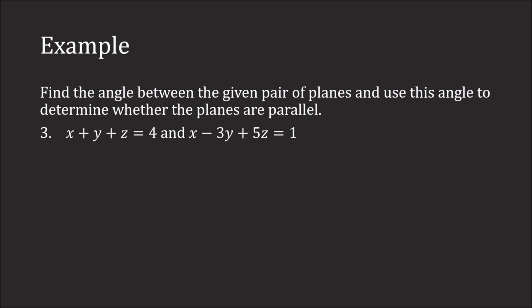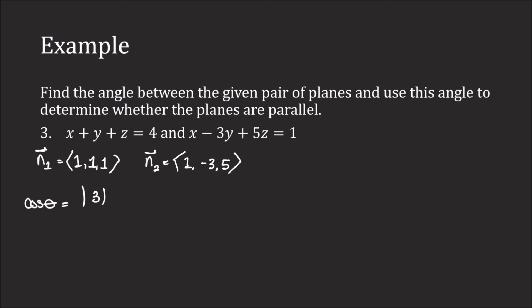And finally, what about these two planes? Again, the first normal vector is 1, 1, 1. The second normal vector is 1, negative 3, 5. So cosine theta would be the absolute value of 1 minus 3 plus 5 over the square root of 3 times the square root of 1 plus 9 plus 25.